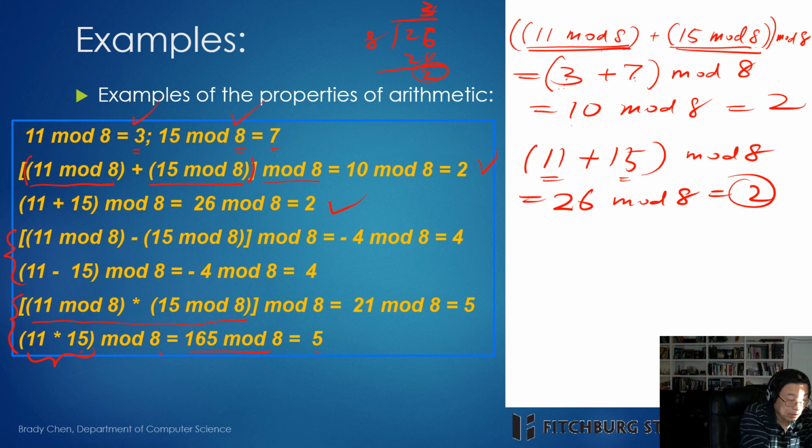But if we do 11 mod 8 first, which is 3, and 15 mod 8, which is 7, then 11 times 15 becomes 3 times 7 mod 8, which is 21 mod 8. Now we got the same result.